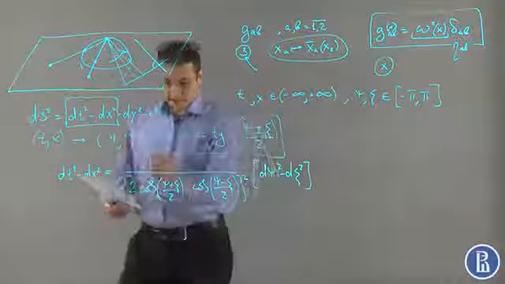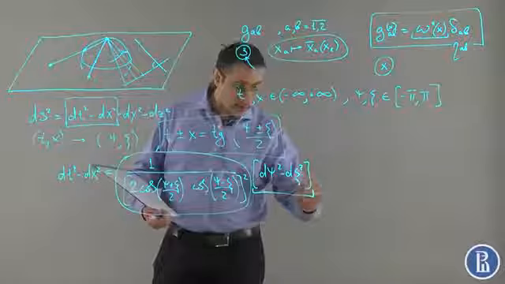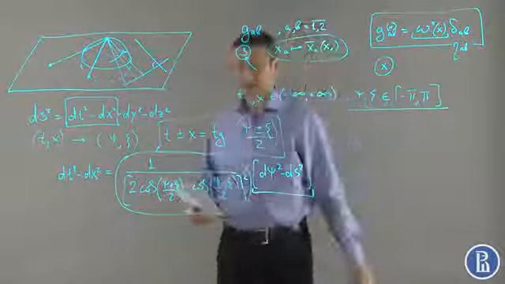So this is the conformal factor, and this is the flat metric in compact space.